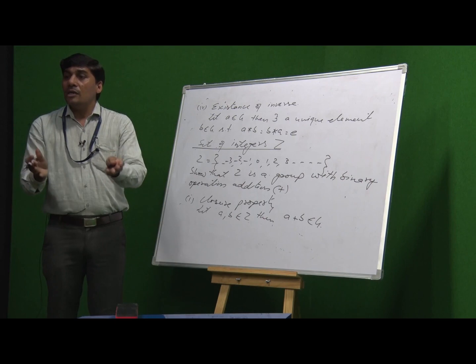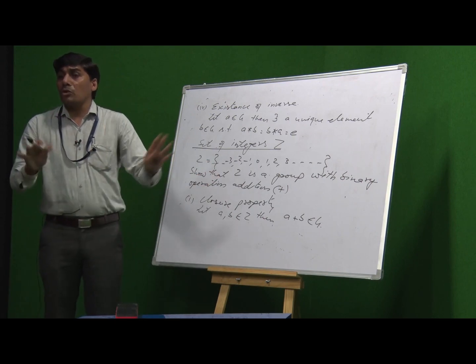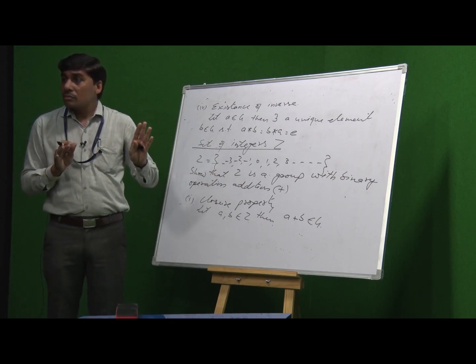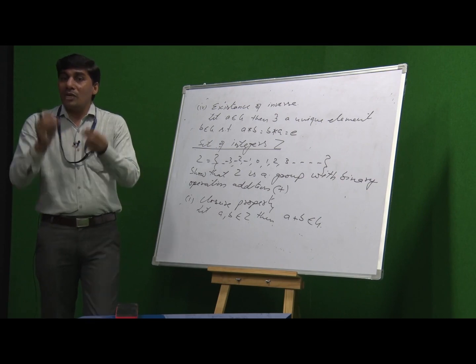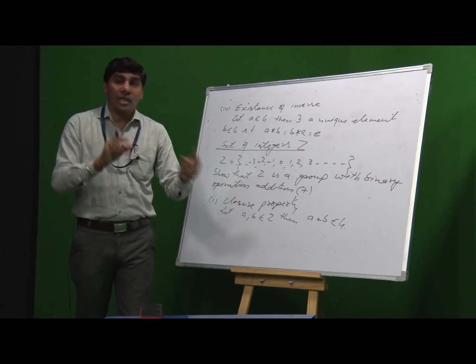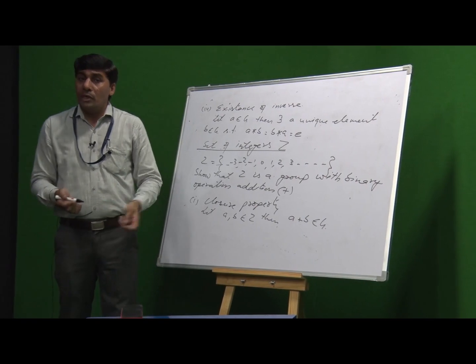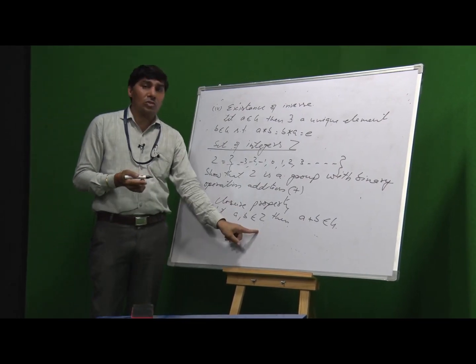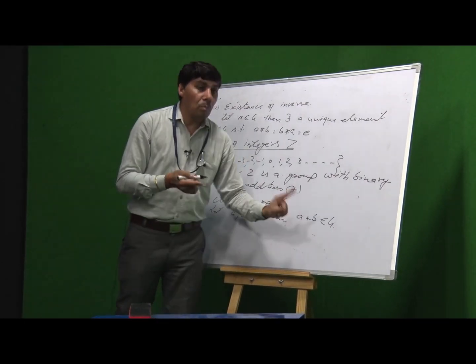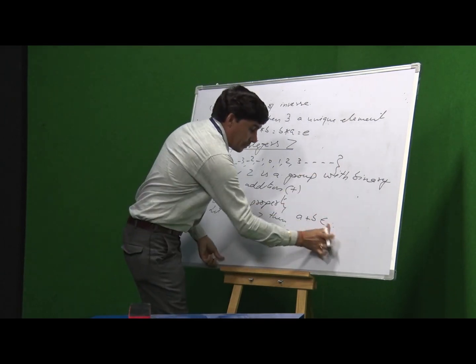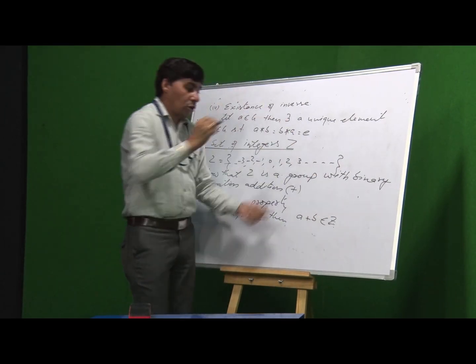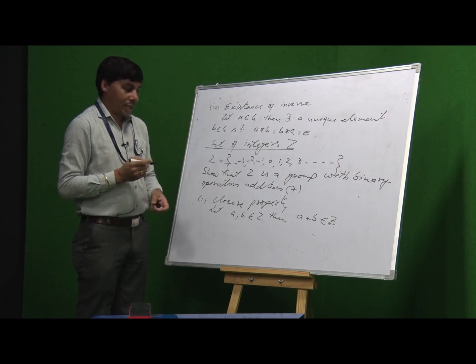The first property is already proved by the binary operation, because if we take two elements of Z, then the result is also an element of Z. So closure property is satisfied.